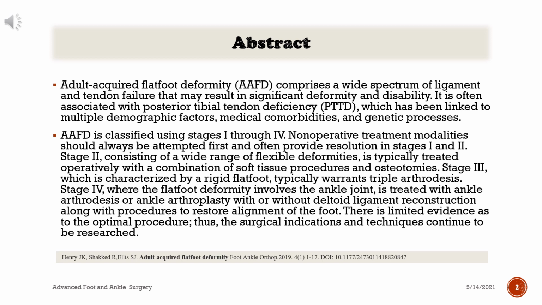Stage 4, where the flatfoot deformity involves the ankle joint, is treated with ankle arthrodesis or ankle arthroplasty with or without deltoid ligament reconstruction along with procedures to restore alignment of the foot. There is limited evidence as to the optimal procedure, thus, the surgical indications and techniques continue to be researched.